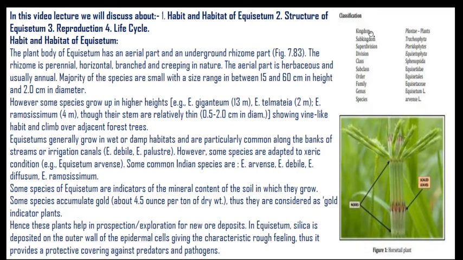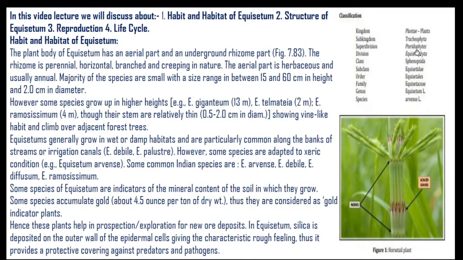So this is all about morphology, and this Equisetum is classified into kingdom Plantae, then subkingdom Tracheophyta, meaning structural elements are developed over here.